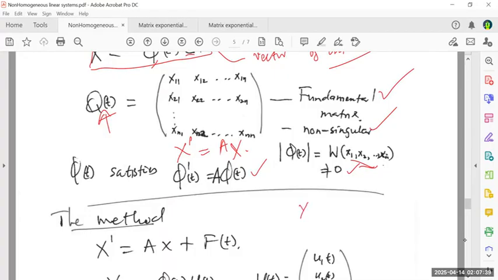So for example, you then say x is equal to c1 minus 1, 0, e to the power minus t plus c2 might be 1, 0 minus 1, e to the power 2t, something like this.